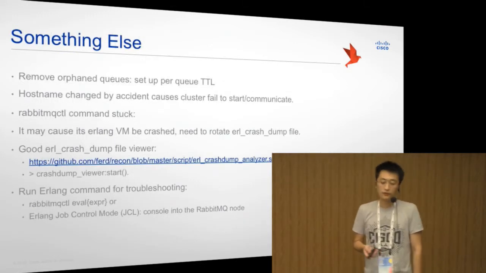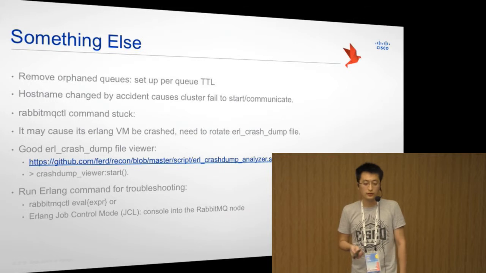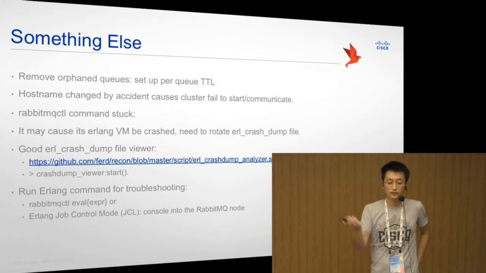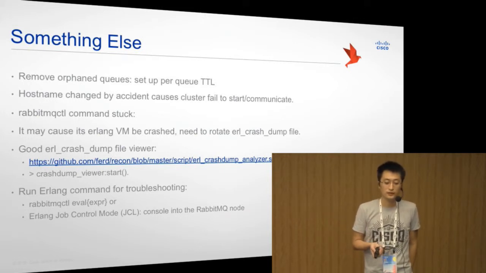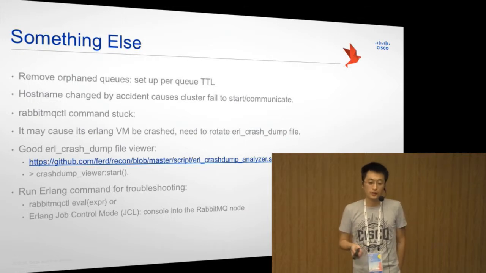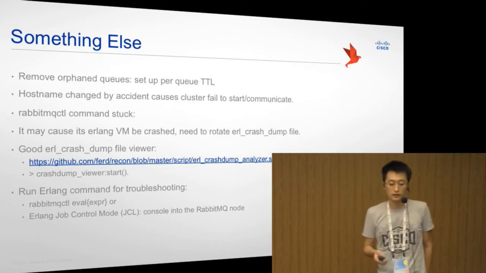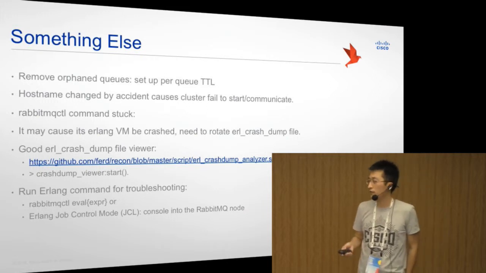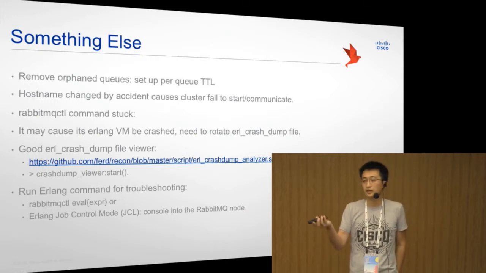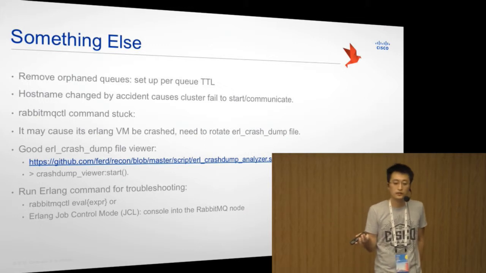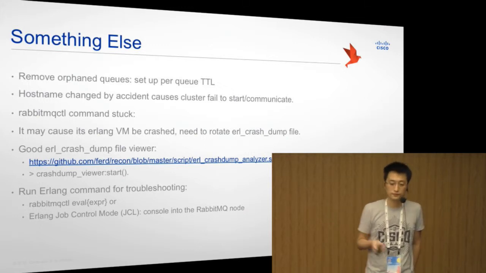I also want to talk about something else. In troubleshooting, we found there are often stale queues in RabbitMQ because of OpenStack bugs. So instead of talking about the fix, I'm talking about how you can set up a per-queue TTL to remove those queues.